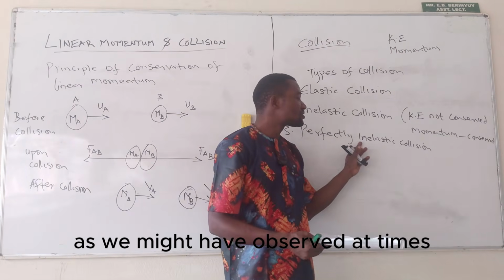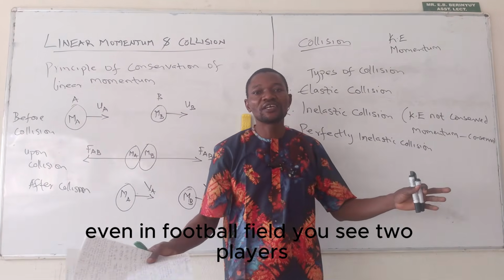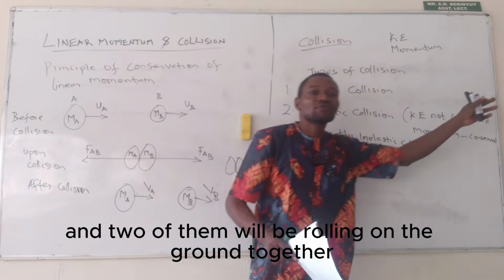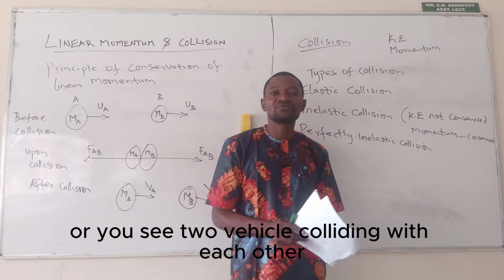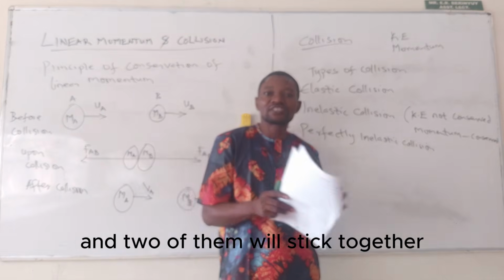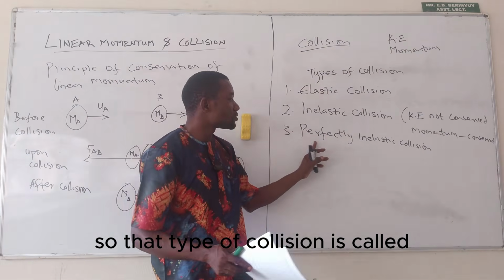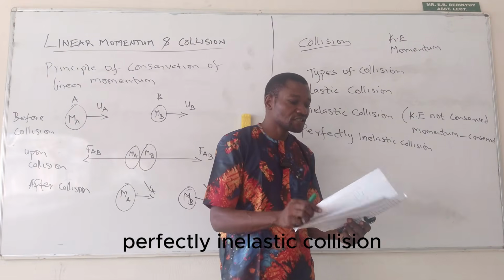As we might have observed, at times, even on the football field, two players will collide with each other and roll on the ground together. Or you see two vehicles colliding with each other, and they stick together and move in the same direction. That type of collision is called perfectly inelastic collision.